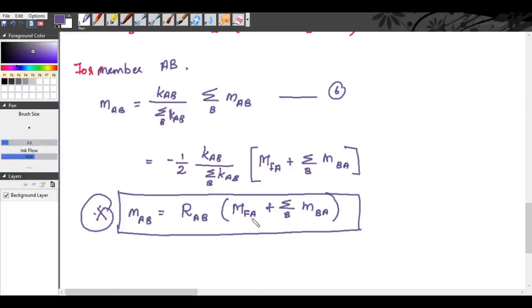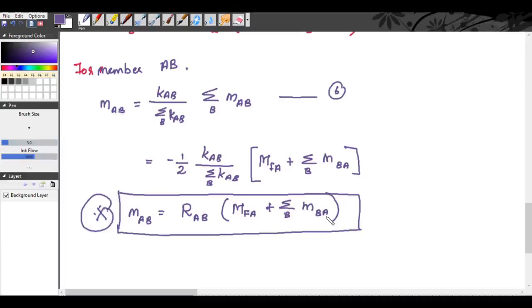MFA is the resultant restraint moment. MBA is the rotational contribution due to the rotation at B for the span AB.